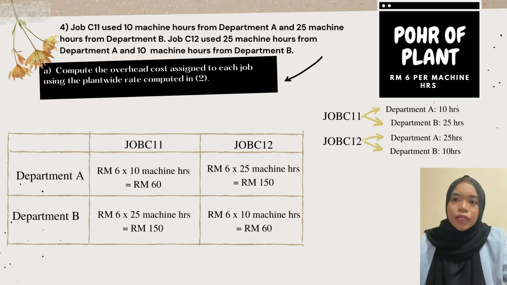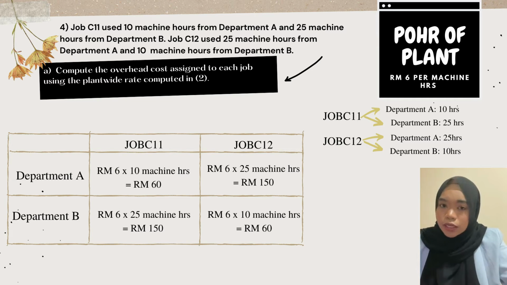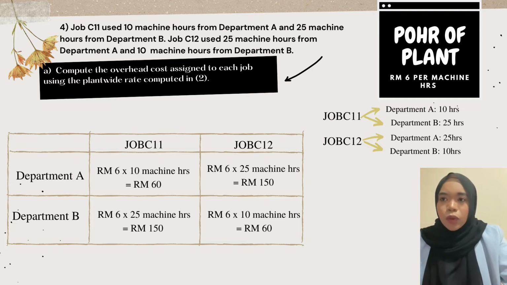For example, for job C11 in Department A, RM6 times 10 machine hours gives RM60. For job C12 in Department A, RM6 times 25 machine hours gives RM150.